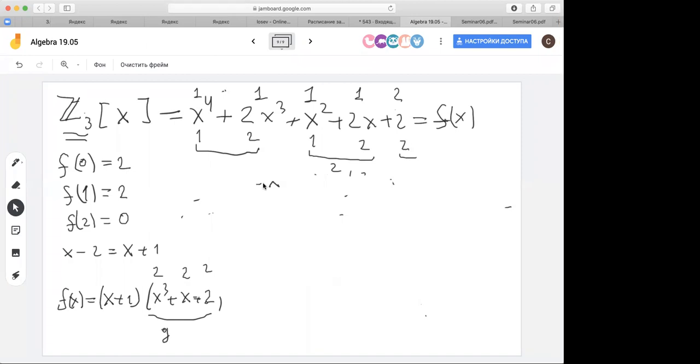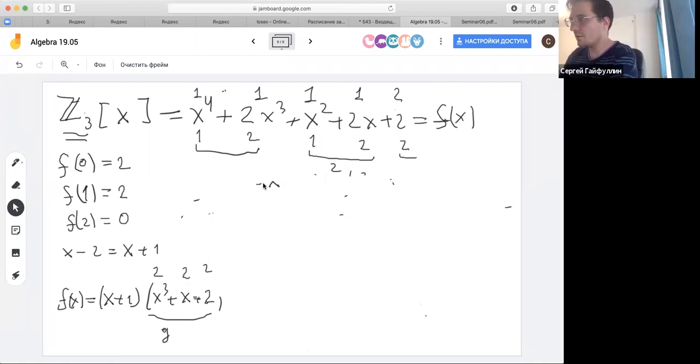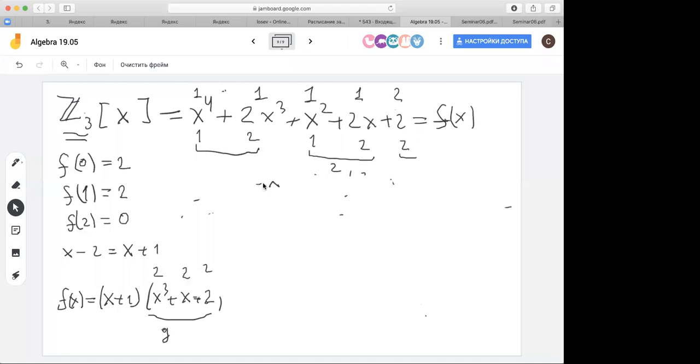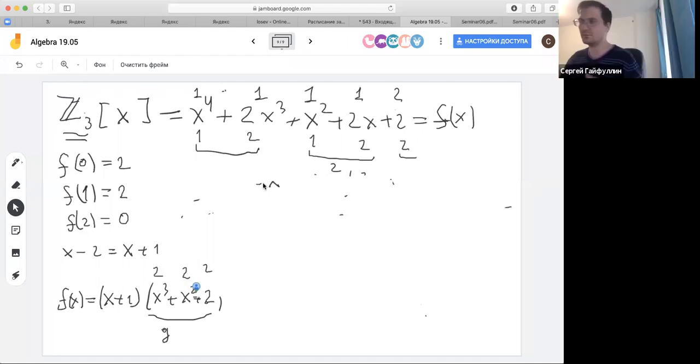I mean, shouldn't it be x plus 1 multiplied by x cubed plus x squared, not x? Well, there was a mistake in my computation, yes? Probably yes. Okay, let it be so.